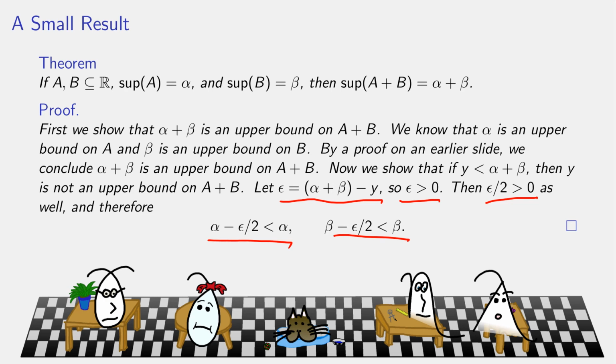Alpha minus epsilon over 2 is less than alpha, and beta minus epsilon over 2 is less than beta. Why are these epsilon over 2's coming in? We'll see shortly. Now remember what alpha and beta are. They're the supremum of A and B respectively. So not only are they upper bounds, anything less than them is not. So alpha minus epsilon over 2 is less than alpha, so it's not an upper bound of A.